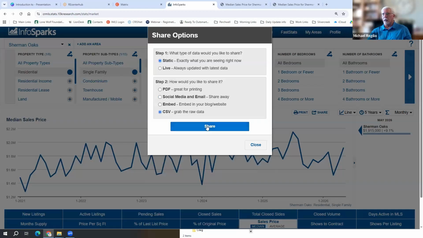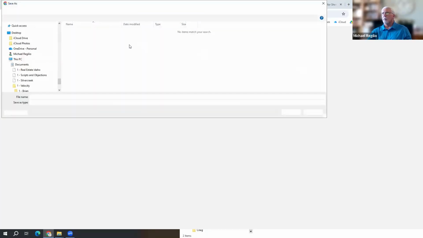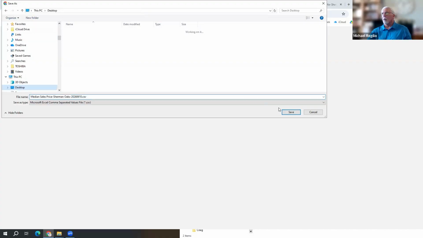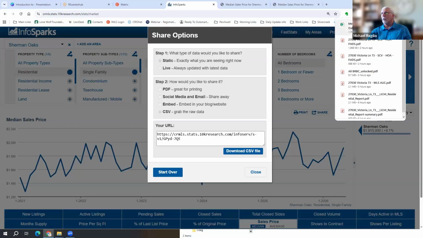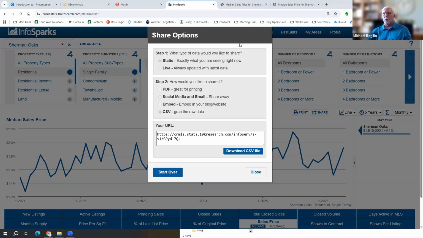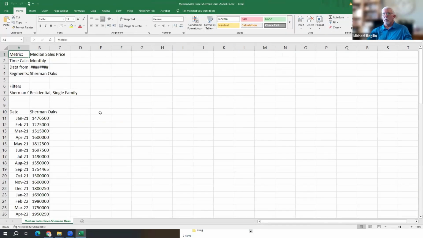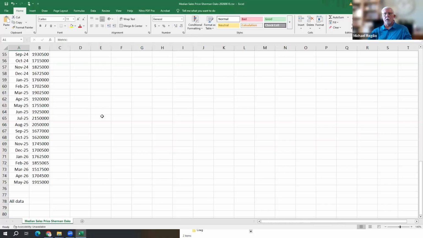And then CSV, this is where it will actually download the raw data that you can use to bring into another program that does analytics.